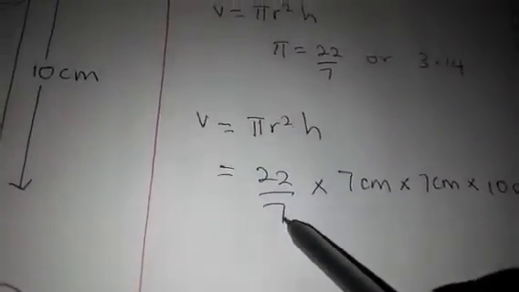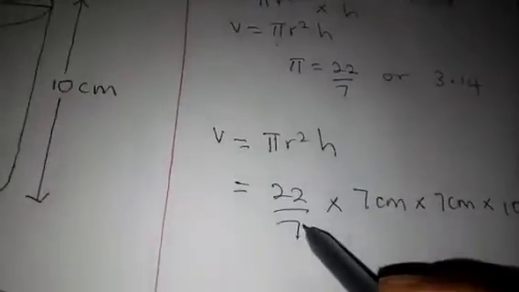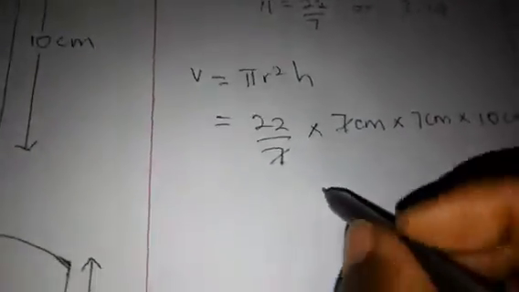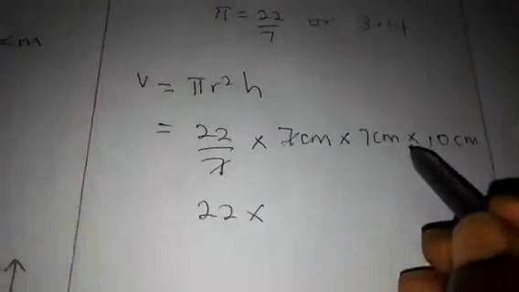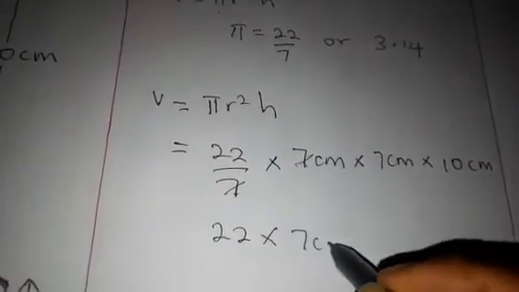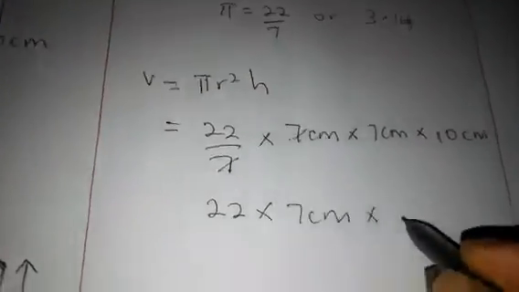Going further, 7 can cancel 7, so this 7 will cancel this 7. What we have left is 22 times 7 centimeters times 10 centimeters.